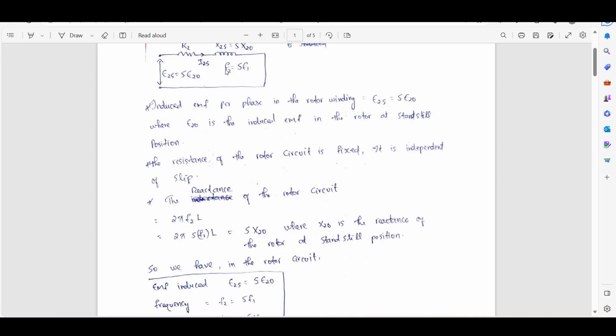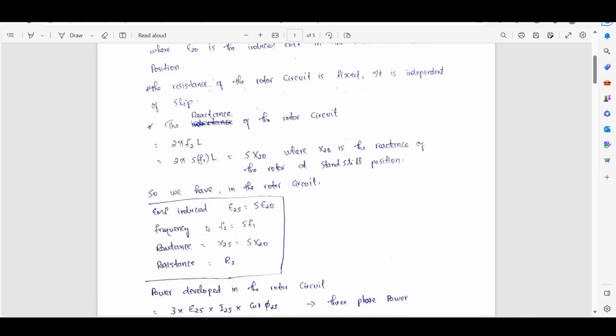The frequency of the induced current in the rotor circuit is equal to slip multiplied by the stator voltage frequency, so here the frequency of the induced current is s × f1. Substituting that leads to the reactance of the rotor circuit as s × X2(0), where X2(0) is the reactance of the rotor at standstill.